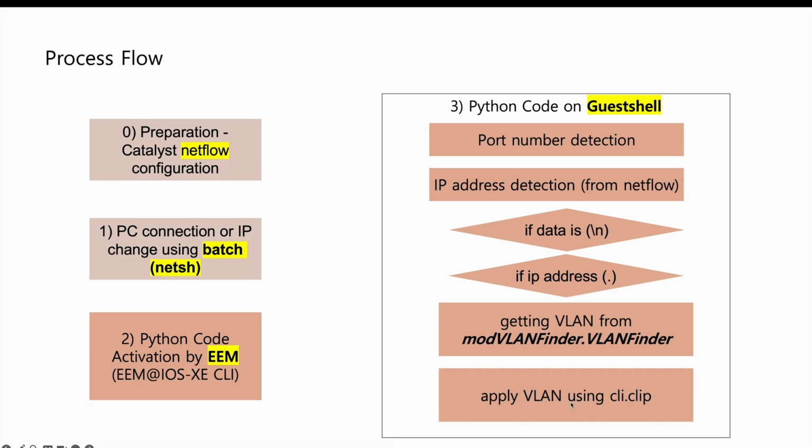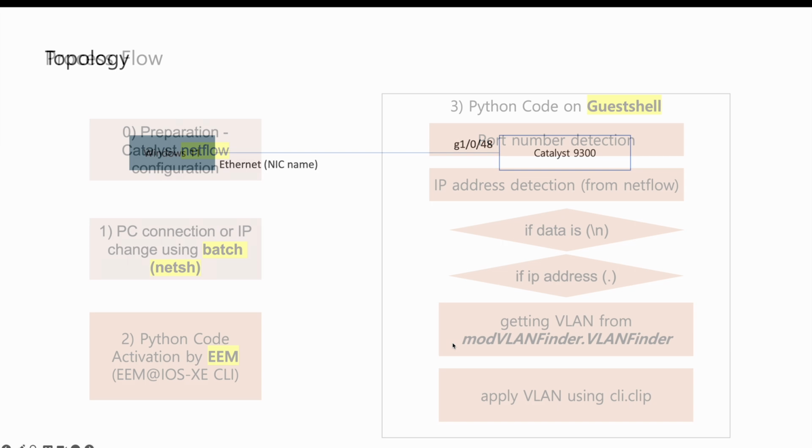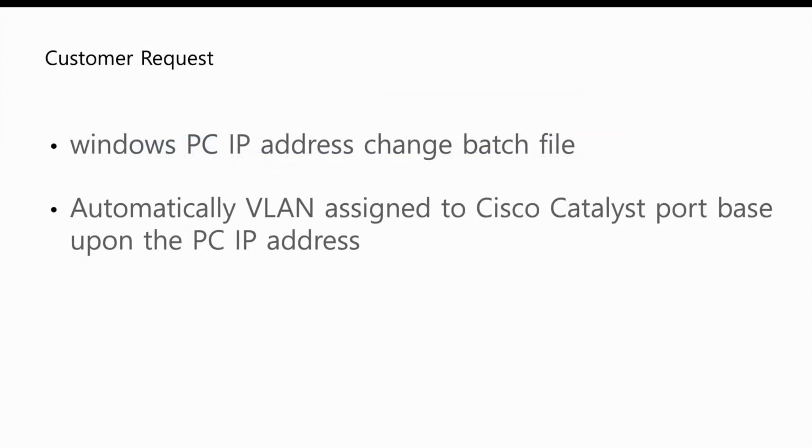Very simple. Actually, this code was requested by the customer. On the day the customer requested it, I was a little bit confused about whether I could do it or not, but I committed. I said, okay, our switch can do it.